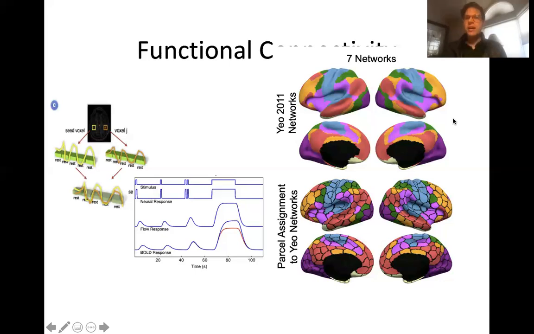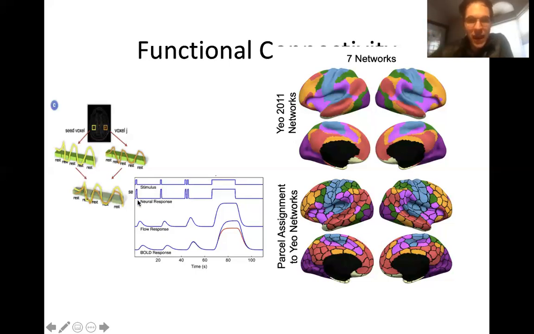Yes, fMRI is measuring blood oxygenation level. So the type of fMRI that we are using is called blood oxygenation level dependent signal. If you look at this bottom left chart here, the first series is a stimulus, like a visual flash in the visual field, right?